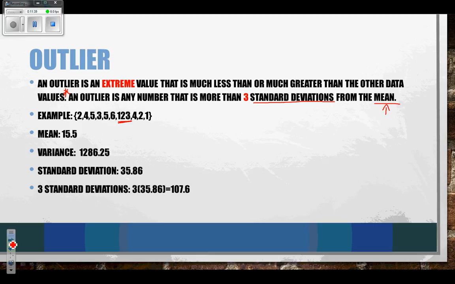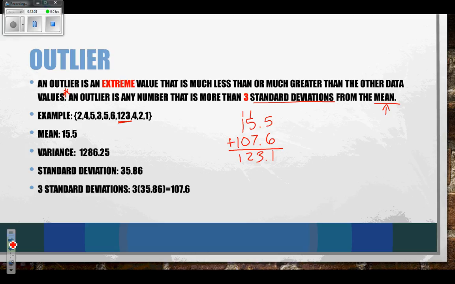So that means I have to take my mean, which is 15.5, and add 107.6. When I add these together, I'm going to get 123.1.